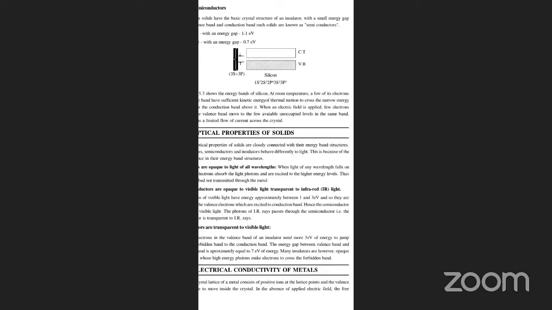Derivation part here. Tau is equal to lambda by v, the average time between the collisions of an electron. Lambda is the average distance between the collisions. J is equal to E by m, and vd is equal to 0 plus eE tau by m.